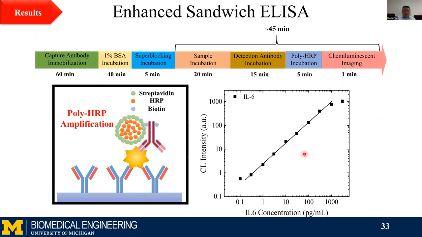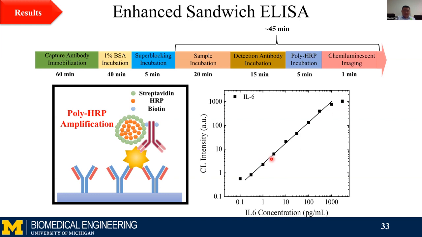And with this, you can see we can reach the detection limit down to 0.3 picogram per ml level, which is a pretty remarkable detection limit, considering we are only using analog ELISA instead of a digital ELISA.